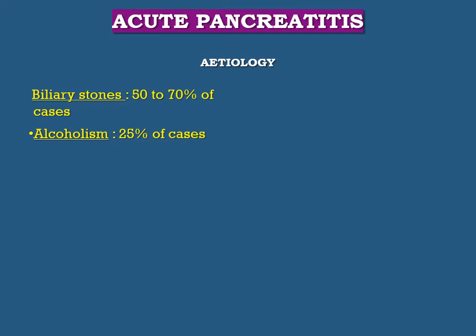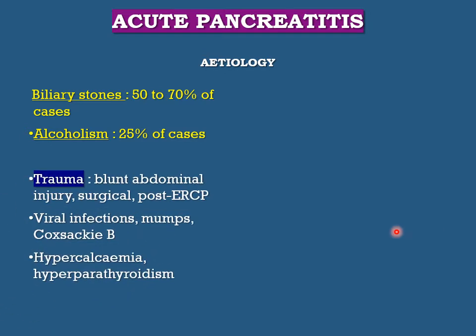Among the two, the most common is biliary calculi, which accounts for 50 to 70% of the cases. Alcoholism is the second most common, and the other causes include trauma, which can be blunt abdominal trauma, or surgical trauma due to post-cholecystectomies or post-ERCP procedures.